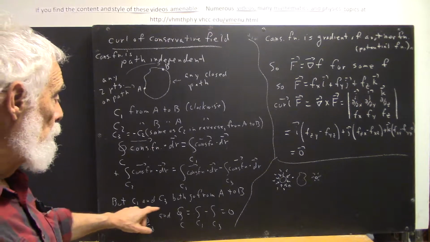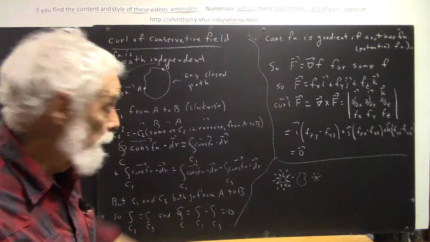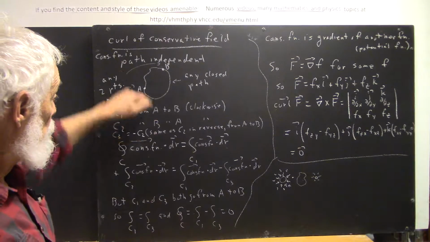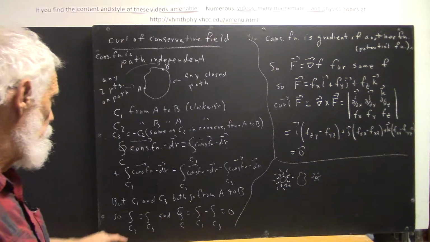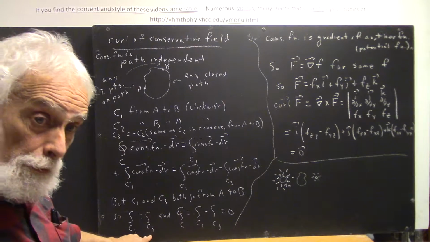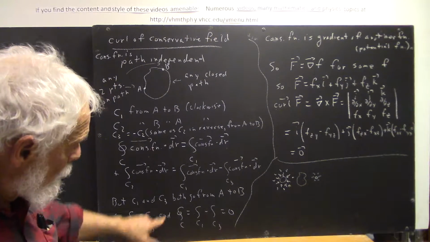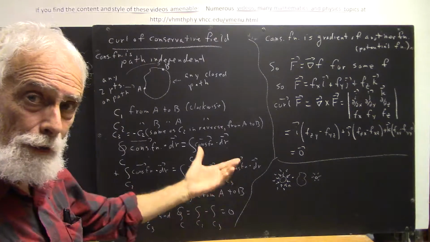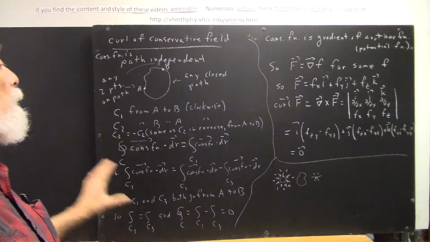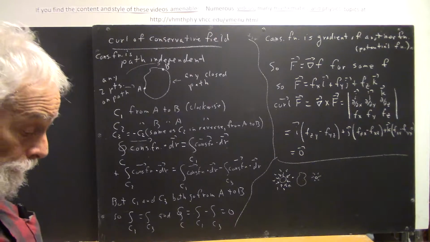But C1 and C3 both go from A to B, don't they? C1 goes from A to B, and C3 goes from A to B. So the integral over C1 is equal to the integral over C3, so that when you do the integral over C1 minus the integral over C3, what do you get? You get 0. Many ways to understand that, but that's the case.